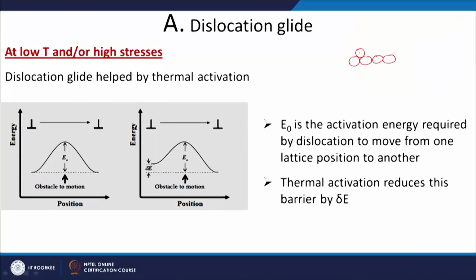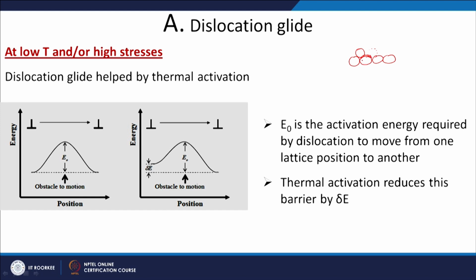Where your half plane is ending, there will be one atom here. Suppose this is the position of the atom, and when it is moving, it has to move from here to this next position. So, basically it has to climb over this bottom atom and go to the next position.